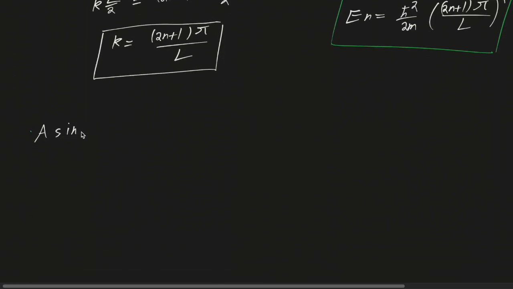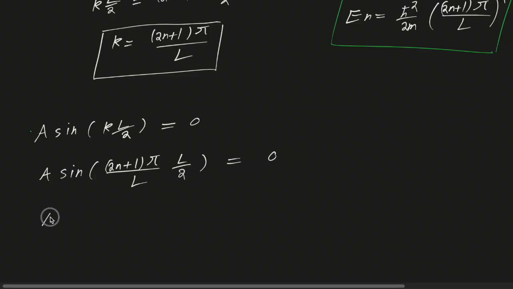But if you substitute k for the value that we just found, it's going to be a sine 2n plus 1 pi over L multiplied by L over 2 must equal to 0. And if you remove the two L's, you'll have a sine 2n plus 1 pi divided by 2 must equal to 0.